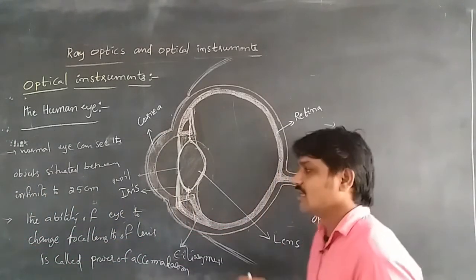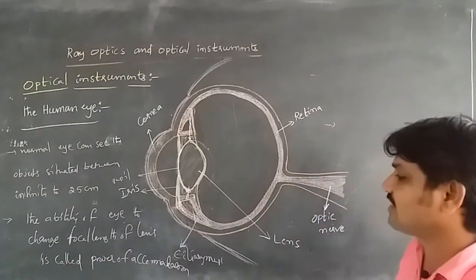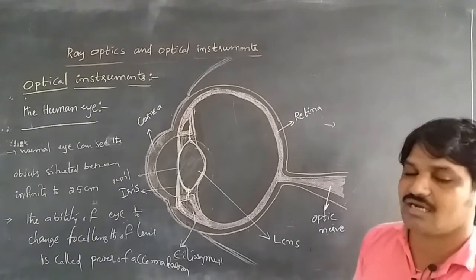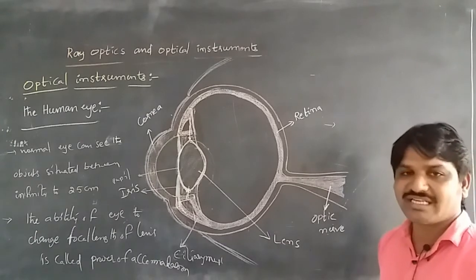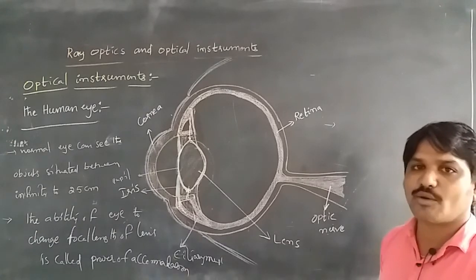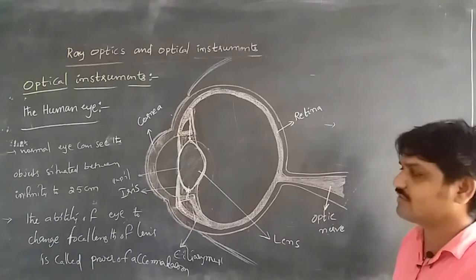The extremes of the range over which the object can be placed are called the far point and the near point of the eye.